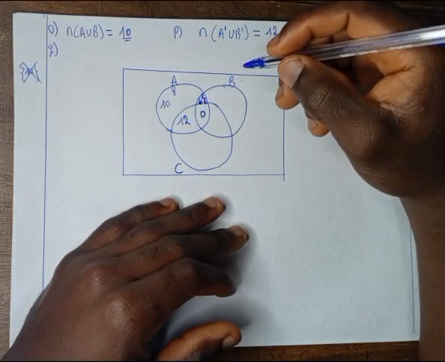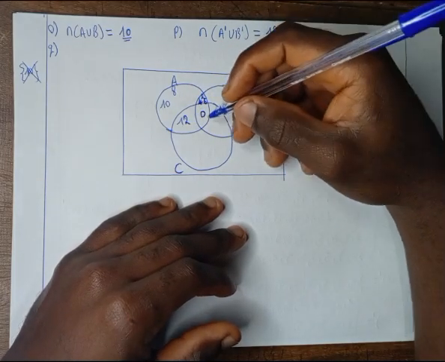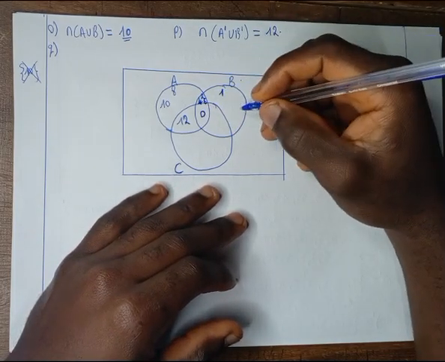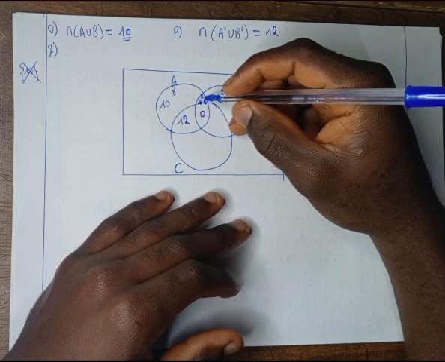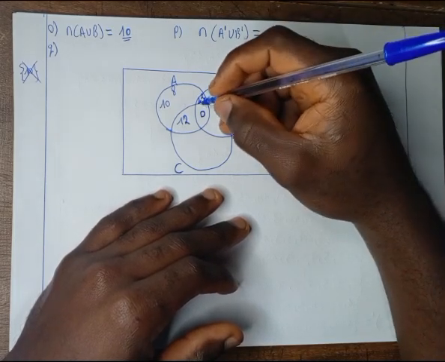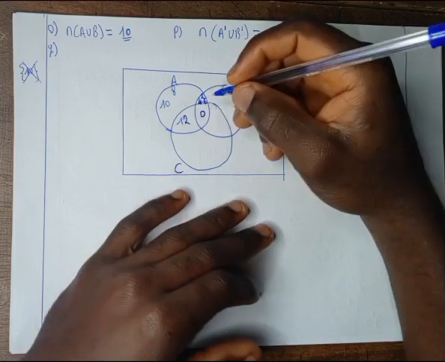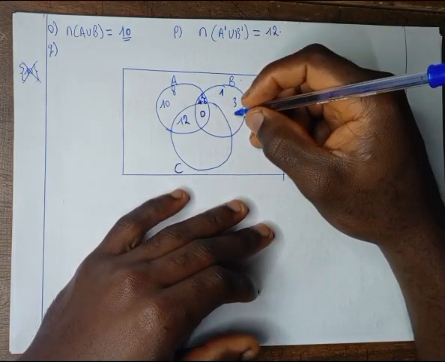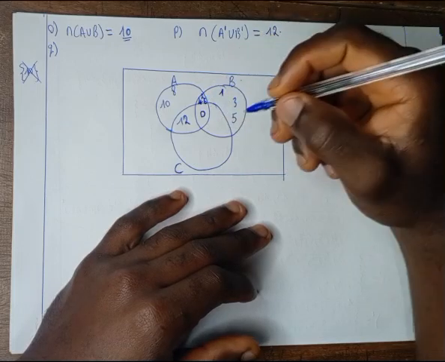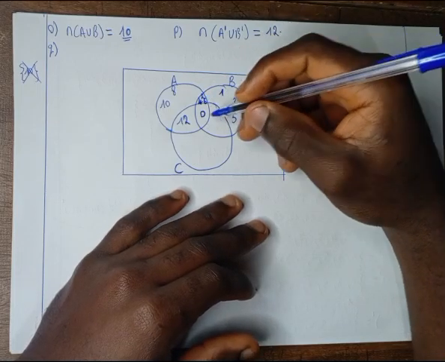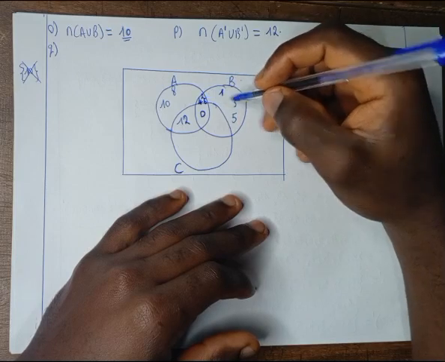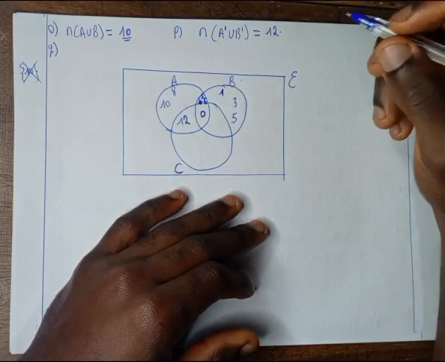Next, now we go to the set B. The set B has elements 0, 1. We are going to put the 1 here. 2, 3. We're going to write the 3 here. 4, 5. We're going to put the 5 out here. And lastly 6. So the set B has elements 0, 1, 2, 3, 4, 5, 6.